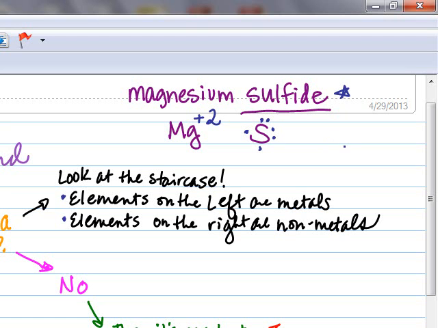Well, in order to have a full valence shell, sulfur needs to gain some electrons, and the amount that it needs to gain is 8, according to the octet rule, minus the number of valence electrons it already has, and that equals 2.